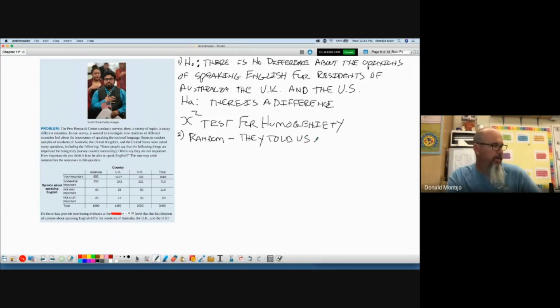The 10% condition, or is the population at least 10 times the size of the sample? So we have to make sure that that's true for each. So the 10% condition, there are more than 10,000 Australians. I'm sure there are.